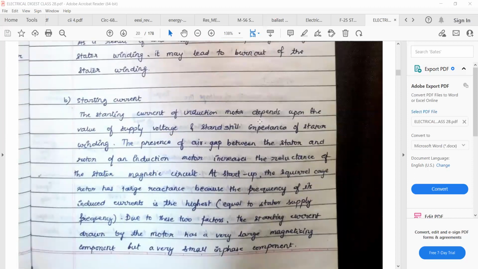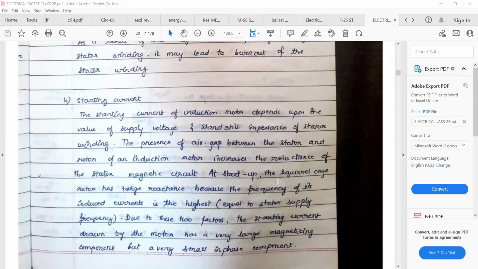Second part is starting current. The starting current of the induction motor depends upon the value of the supply voltage and the standstill impedance of the stator winding. The presence of the air gap between the stator and the rotor of the induction motor increases the reactance of the magnetic circuit.